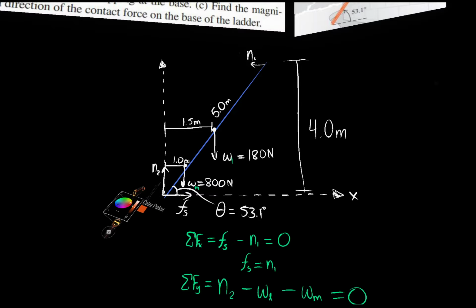Moving on to torques, so I'll change to a new color. So we're going to choose this point right here at the base to be the point we're summing the torques about. And that means that we don't have to consider this guy because its r vector is 0 according to this axis of rotation, right? So this is the z coming into and out of the page.